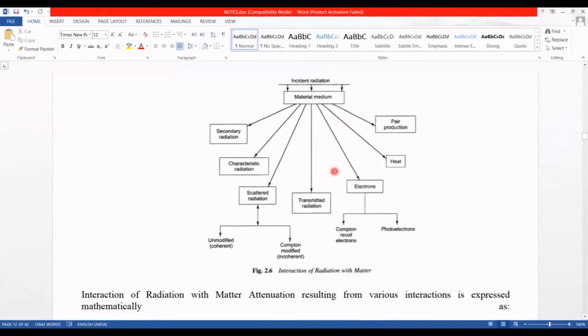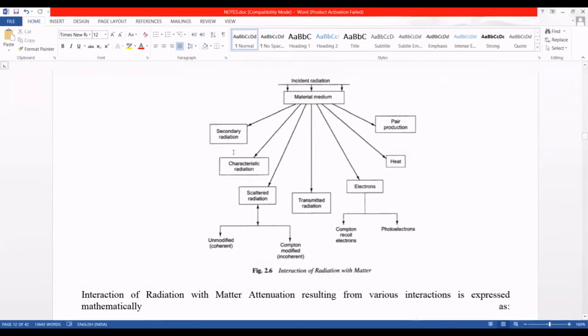This diagram expresses the different types of radiations that occur when radiation is incident on the material. Here the X-rays or gamma rays from the source fall on the material medium.